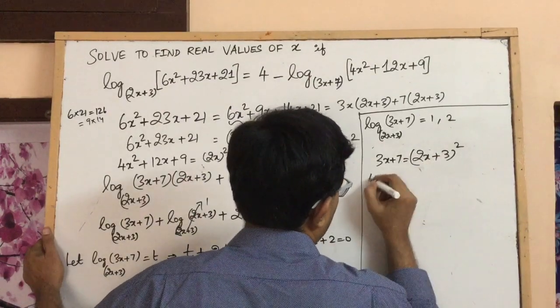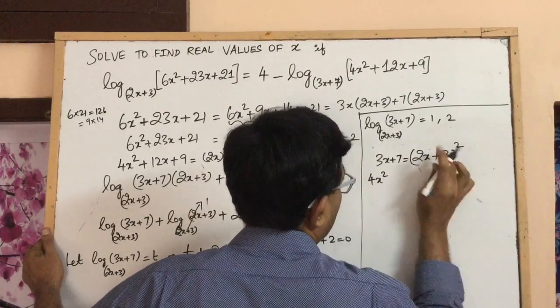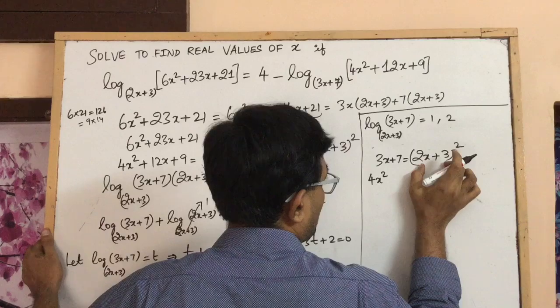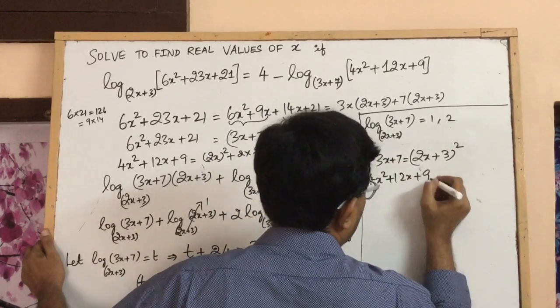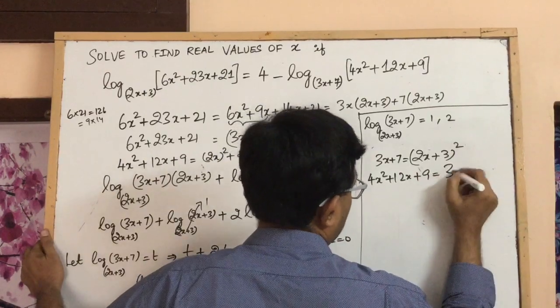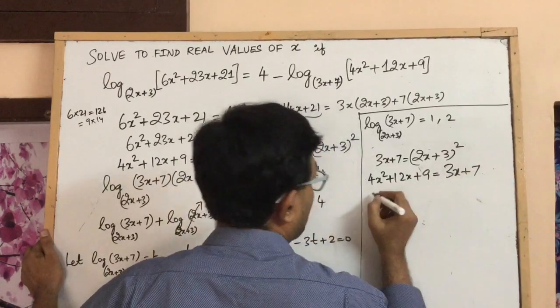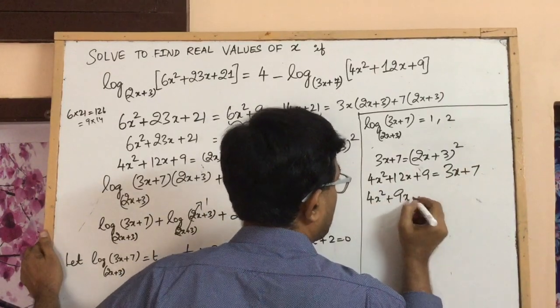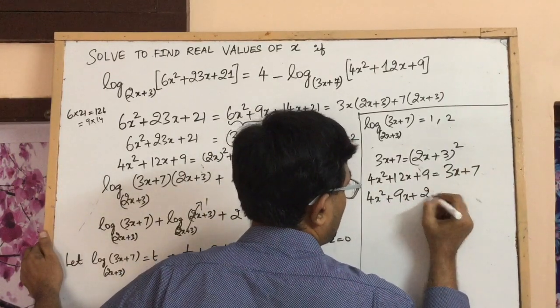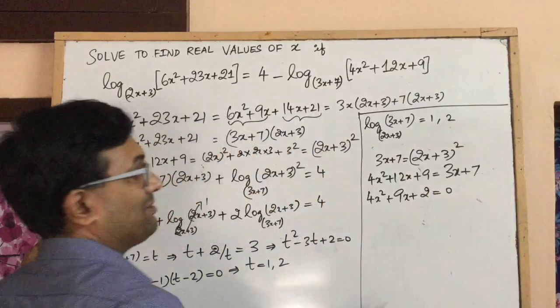We expand this, we get 4x squared plus 12x plus 9 is equal to 3x plus 7. We simplify this, we get 4x squared plus 9x plus 2 is equal to 0. 9 minus 7 is 2.